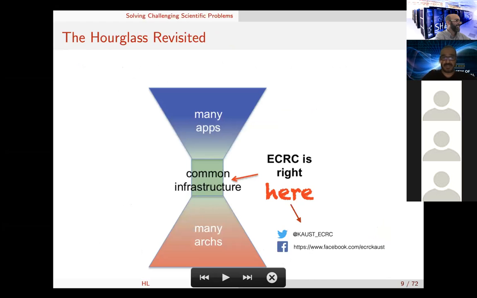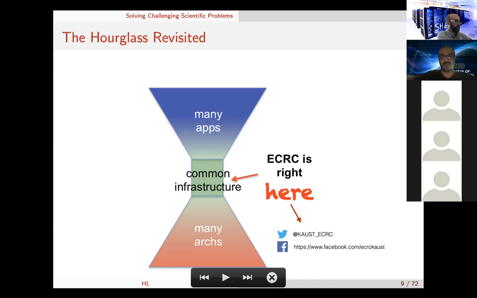So in our center, just to give you a bit more of the whole story, we look at ourselves as an hourglass where we have many applications and we have many architectures. How can we bridge those two worlds that look really disconnected, like swimming in two swim lanes? The good thing is we try to make our life a bit easier, because we cannot be experts in chemistry and earth science and whatnot, and at the same time be close to the hardware from the vendors, NVIDIA, Intel, AMD, and whatnot.